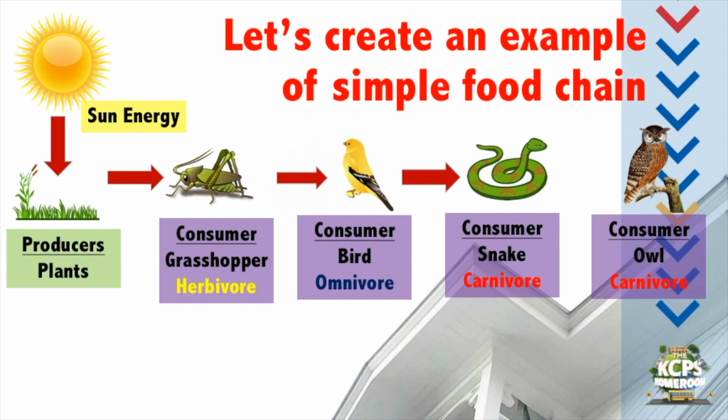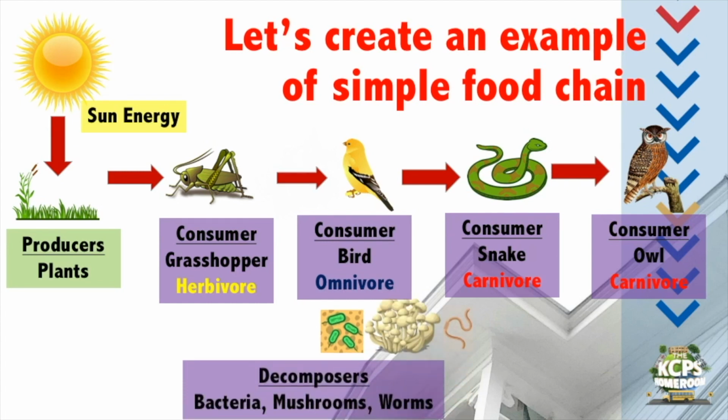And the snake got eaten by the owl, or the owl ate the snake, and the owl is a carnivore. When the owl dies, it's going to be decomposed by decomposers.